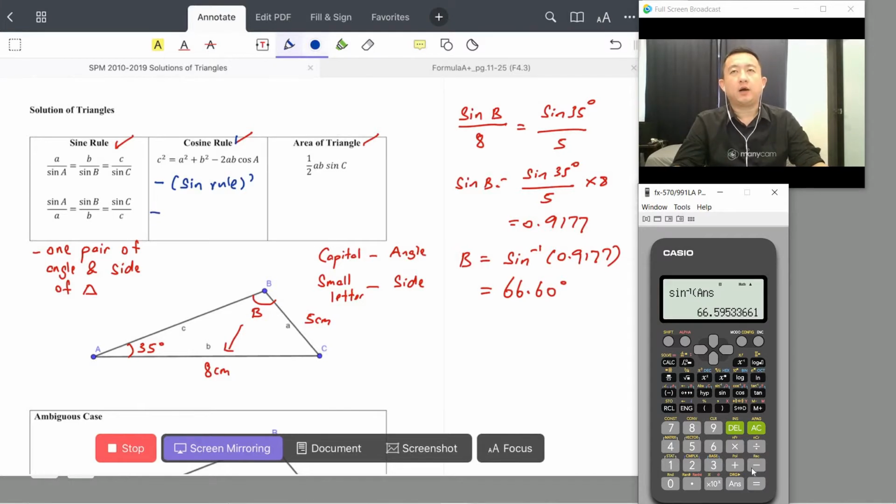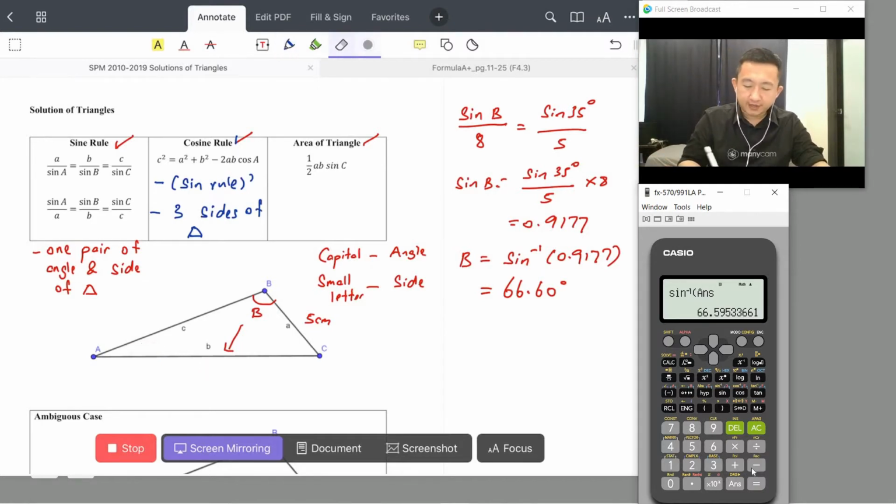Or in one very specific case, when you have the three sides of the triangle given to you, and you know none of the angles, that would be the cosine rule. Of course I will give you an example.